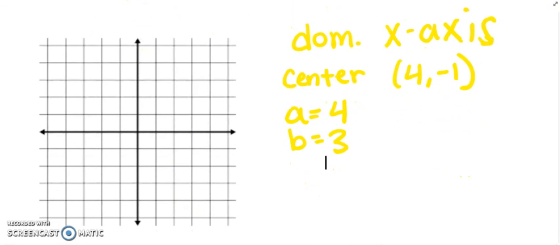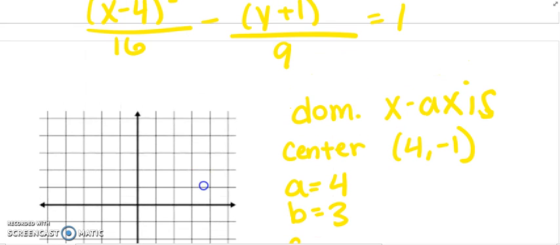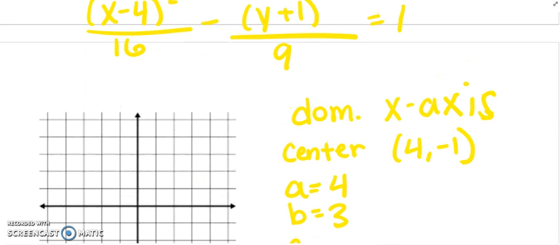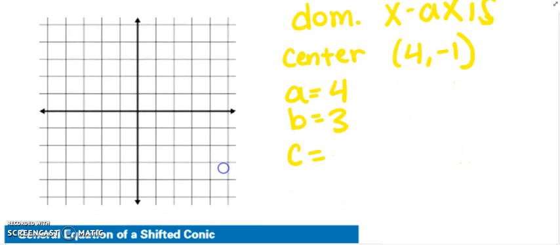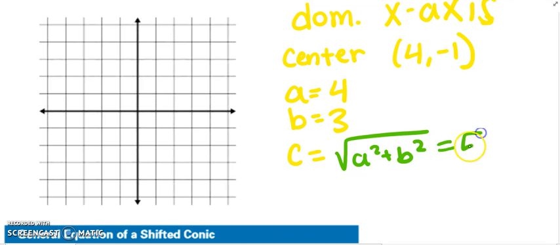How do you find C? Yes, in the formula here we have a minus, so down here we're going to use a plus. If I have sides 3, 4, what's my hypotenuse? Now we can graph. This is a hyperbola, it's x-axis dominant.